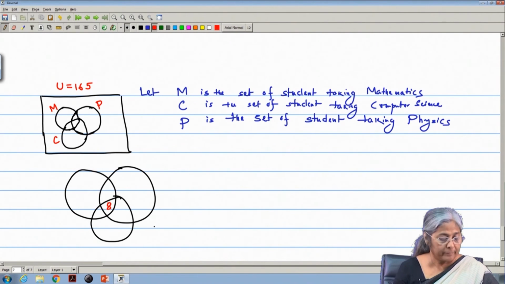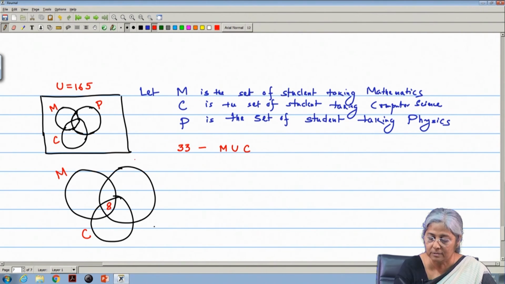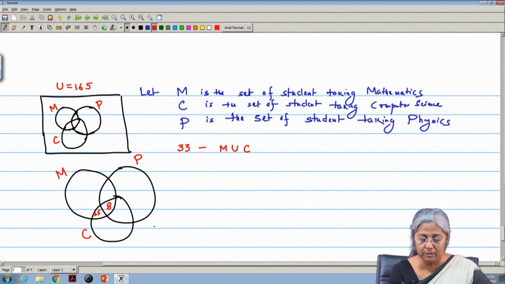Now, if we consider that 33 students are taking mathematics and computer science, this is my mathematics, computer science and physics region, so this is 25 plus 8, together they are taking.